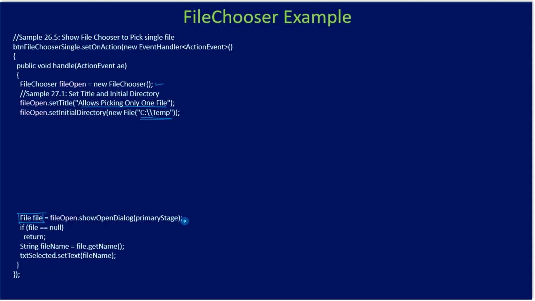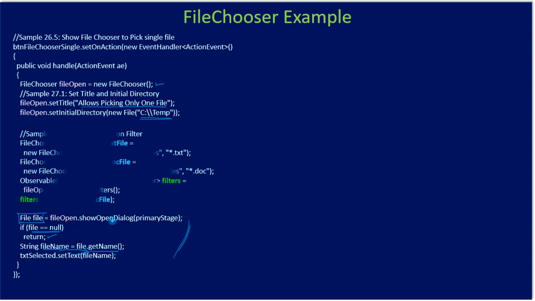The user can also cancel the dialog, so that's why here we are checking if file equals null, we can't do anything, so we will simply return. But if a user picked a file, then we will get the name of the file and give it to the text box and show it. We already saw this in the previous video.